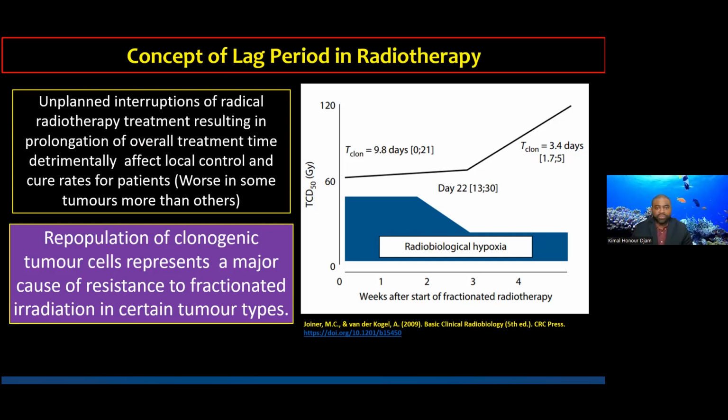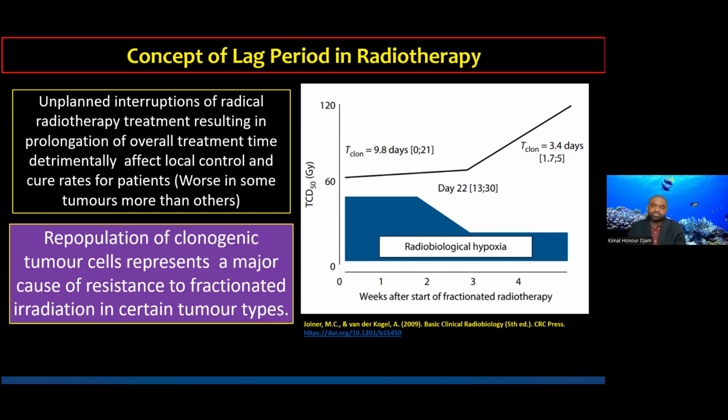And so there are just a couple of remarks that I want to make before we proceed here. One, the lag period, like I said before, refers to the duration it takes for repopulation to commence in both early responding tissues and in tumor after the initiation of radiation therapy. Two, the duration of the lag period is tumor dependent and rarely is precisely determined.